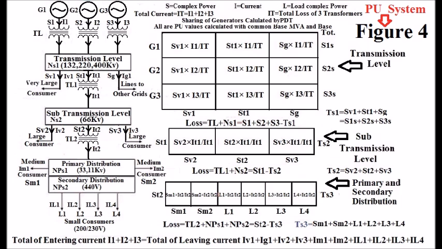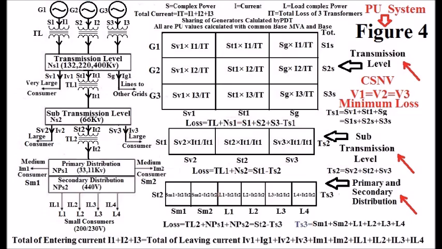The sharing of loads at transmission, sub-transmission, primary and secondary distribution levels can be calculated from the results of the solution of equations with the common source node voltage constraint. Generator 1 voltage V1 equals generator 2 voltage V2 equals generator 3 voltage V3 for minimum loss.